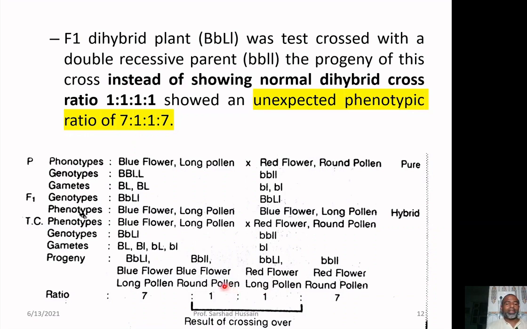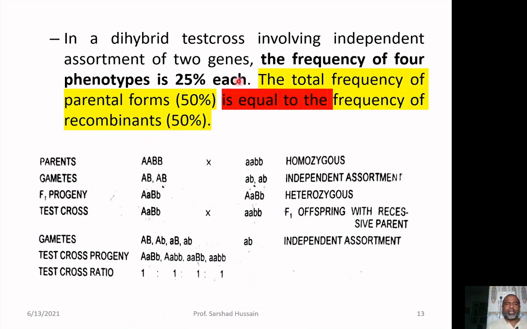Had it been so that the linkage was complete, if there was no chance of their separation, then both the individuals would have had exactly the parental combination in 50:50, or even if it had the new recombinants, it would have shown exactly 1:1:1:1. But instead of showing this normal dihybrid cross ratio, it is showing an unexpected 7:1:1:7. This means in a dihybrid test cross involving independent assortment of 2 genes, the frequency of each of the 4 phenotypes is 25%.